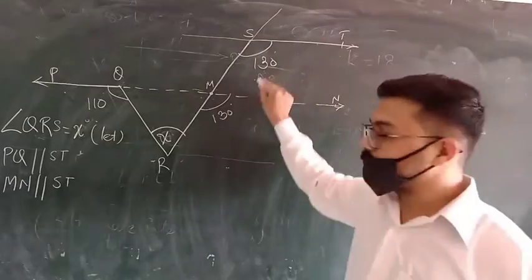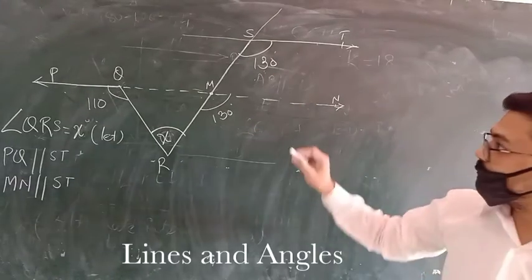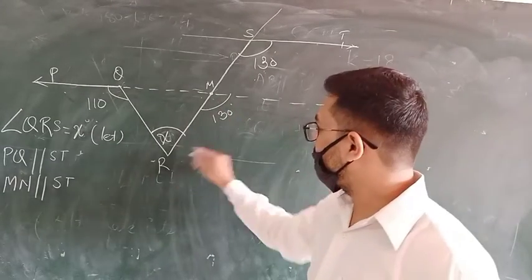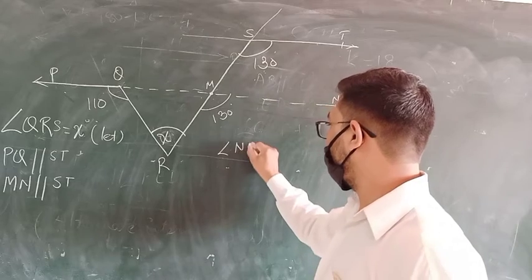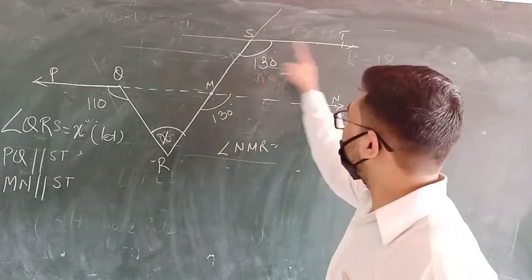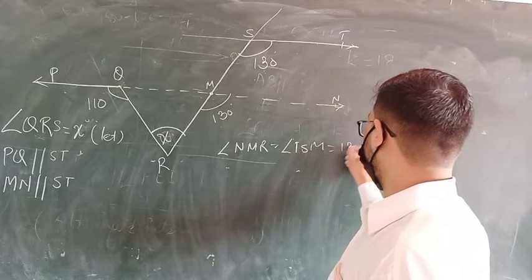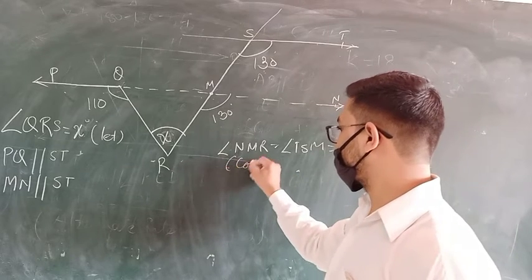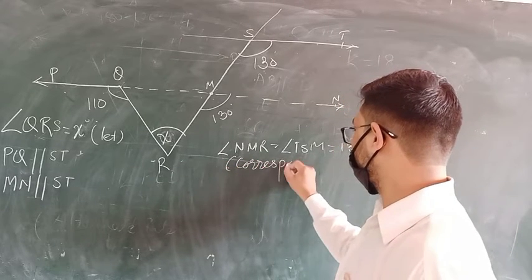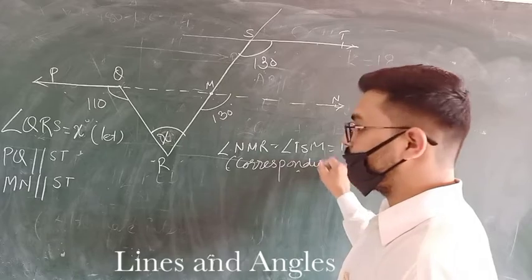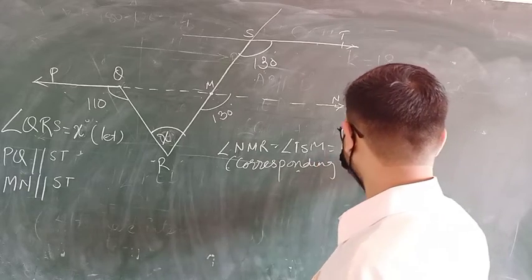So these two angles are corresponding angles. So I can write angle NMR is equal to TSM is equal to 130 degrees. The reason is corresponding angles.